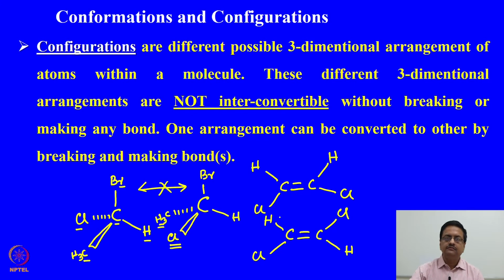These two geometries are two different configurations of the same molecule, but they are not interconvertible without breaking or making a bond, whereas the conformations are interconvertible without making or breaking a bond.